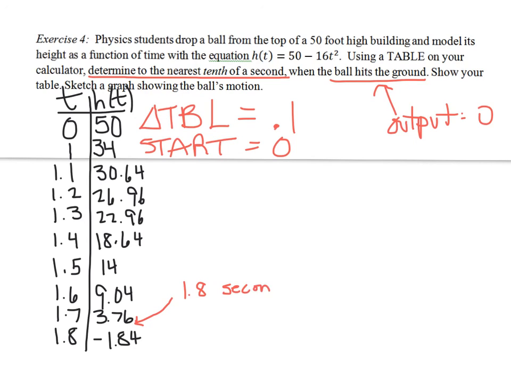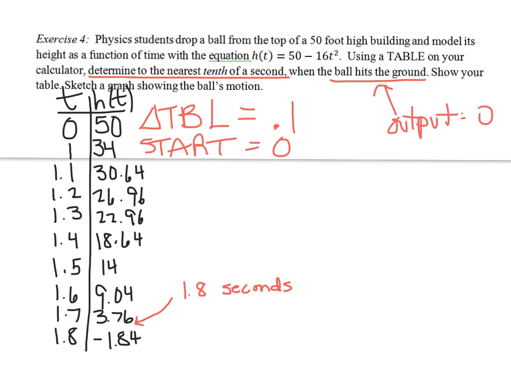I know that it doesn't take exactly 1.8 seconds because at 1.8 seconds I've got a negative height. And again, remember that the H stands for height. So the answer to this question would be 1.8 seconds to the nearest tenth.